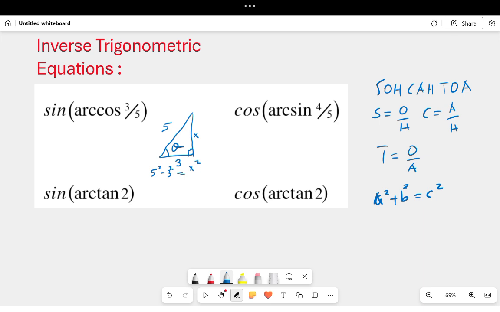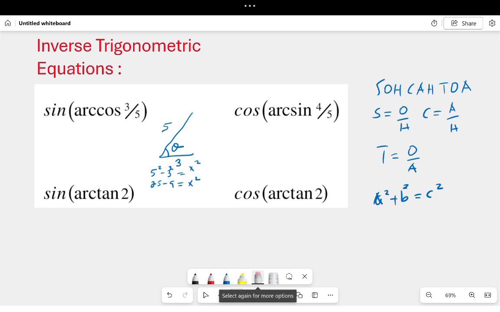So 5 squared is 25 minus 9 is equal to x squared, and therefore our length for x will be the square root of 25 minus 9, which is 16, and therefore x is equal to 4.